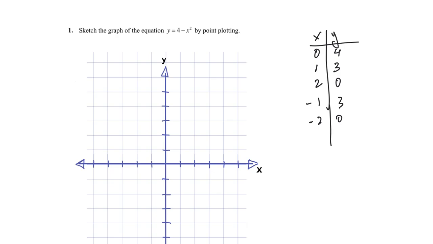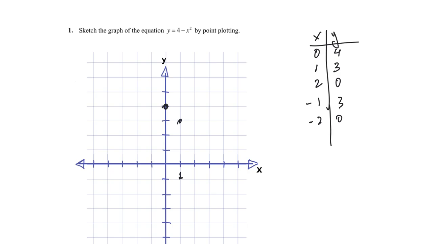(0, 4). Where is the point x equals 0, y equals 4? Well, 0 is here. 1, 2, 3, 4. y equals 4 is here. So this is the point (0, 4). What is the point (1, 3)? 1 is here, and the point (1, 3) is here.